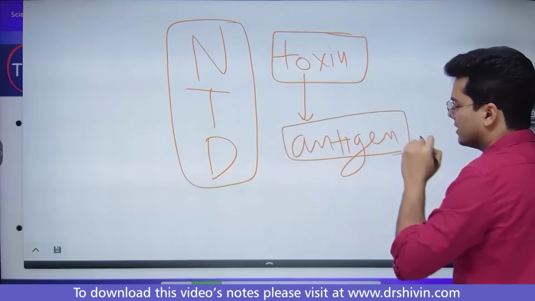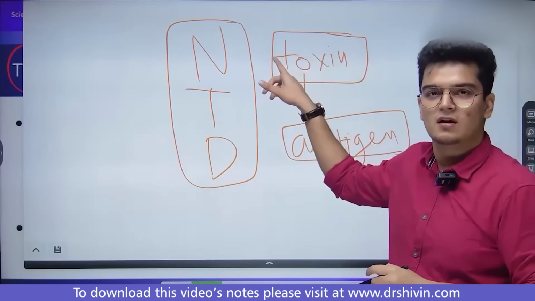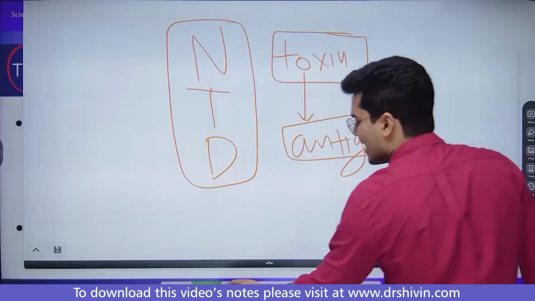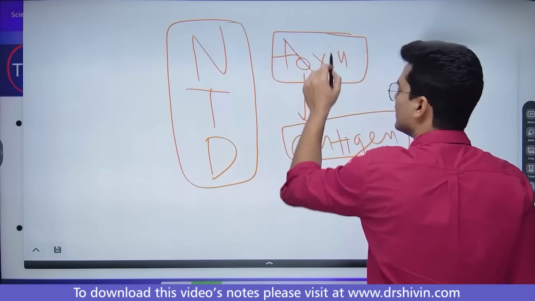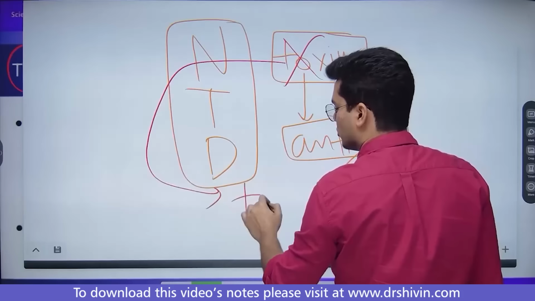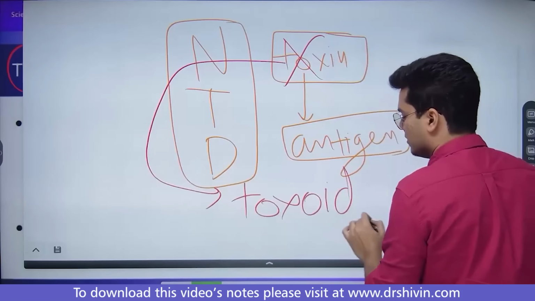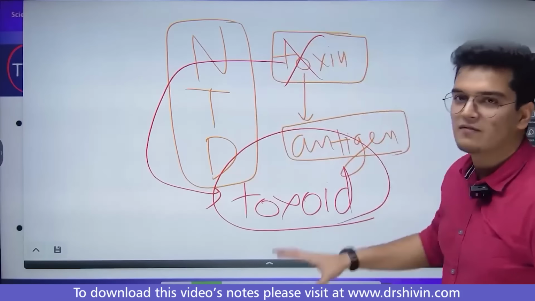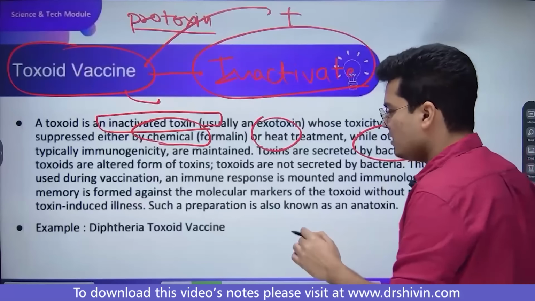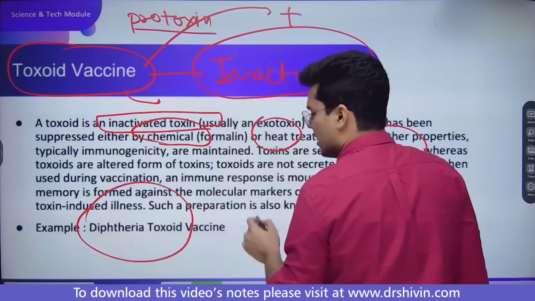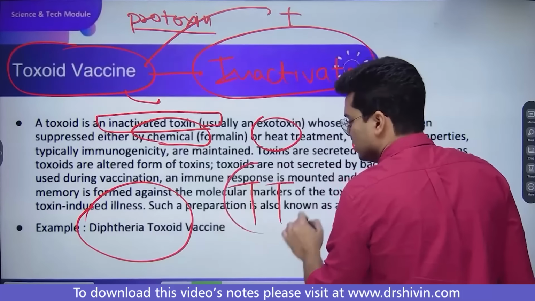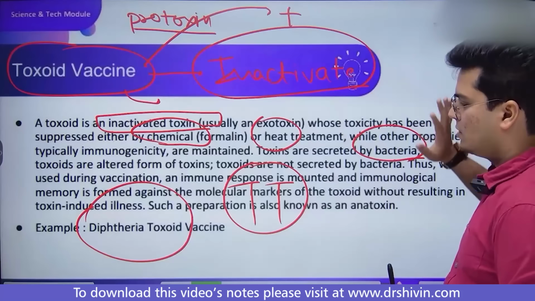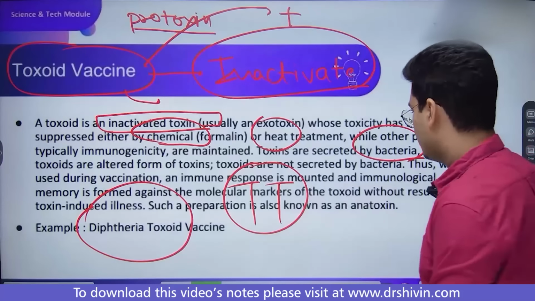So if the toxin itself is the antigen, I have to give the toxin, but I cannot give the toxin because it can cause damage. So I have to inactivate the toxin. How will I inactivate the toxin? I will make it into a toxoid. So once I give toxoid, it will be toxoid vaccine, inactivated toxin vaccine. Its example is diphtheria toxoid vaccine and even tetanus toxoid, TT, is also that. Okay, TT and diphtheria toxoid vaccine. Alright.